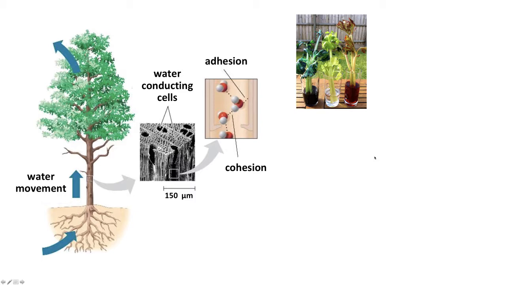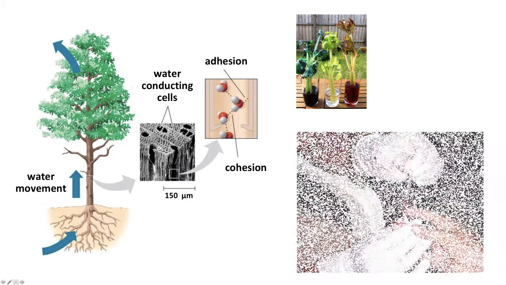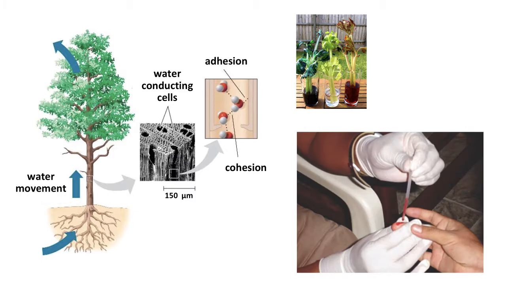And there's some other useful examples of this. For example, if you want to collect a small amount of blood, for example, if you need to test someone's blood for the amount of glucose in it, and this is maybe somebody who might have diabetes, you can prick the finger, get a little drop of blood on the pricked finger, and then that can be drawn up into a narrow diameter glass tube by capillary action.